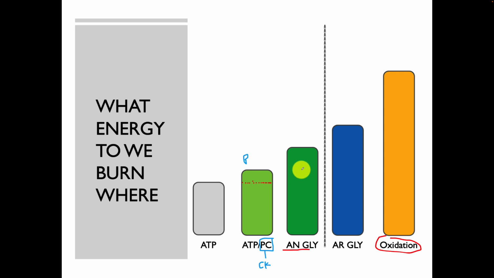When we get into anaerobic glycolysis, this is dealing with glucose, because it's glycolysis. Sorry, I'm writing with my right hand. I operate the mouse with my right hand, but I'm left-handed. This is coming from sugar, glucose, and that could be glucose that's in the muscle or glucose that's in the blood.